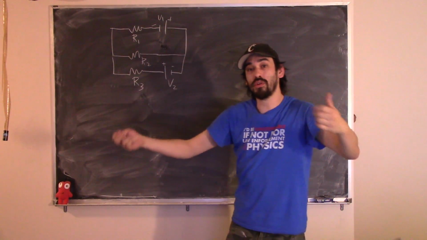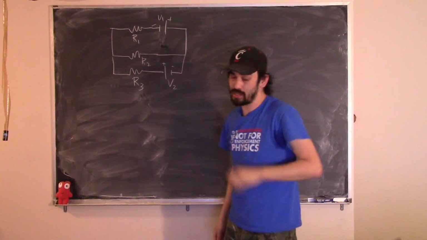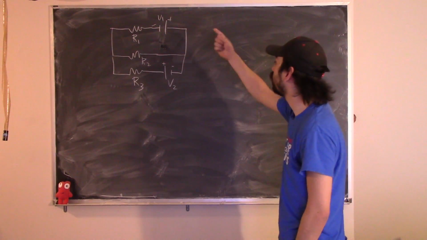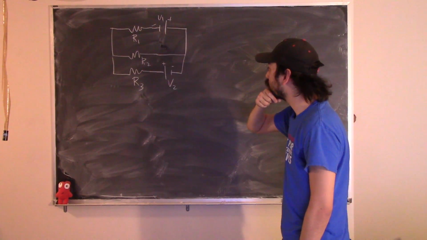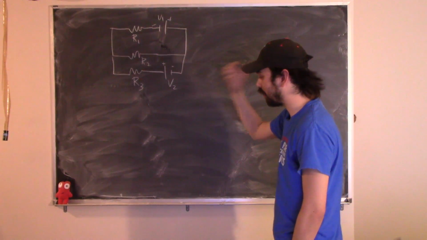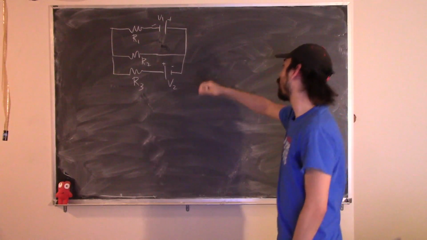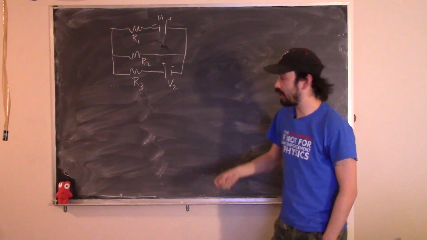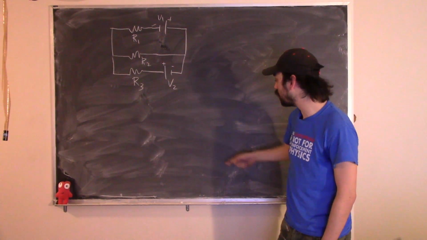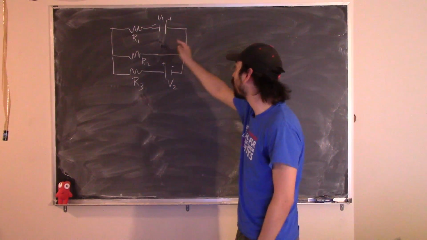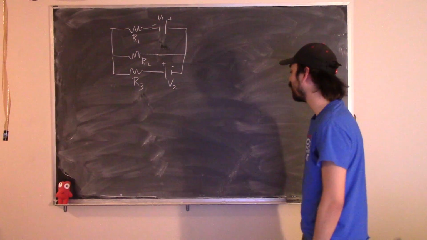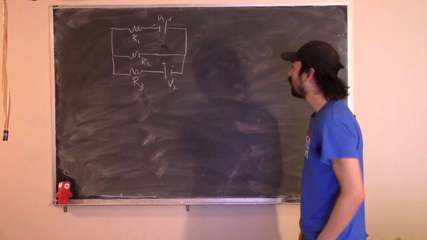And then when you do your loops, it'll come out in the end that if the direction that it actually goes is the direction that the current does actually go in, that'll have some positive sign for the current when you do the algebra at the end. Or if it's opposite the direction, it's going to have a negative sign.